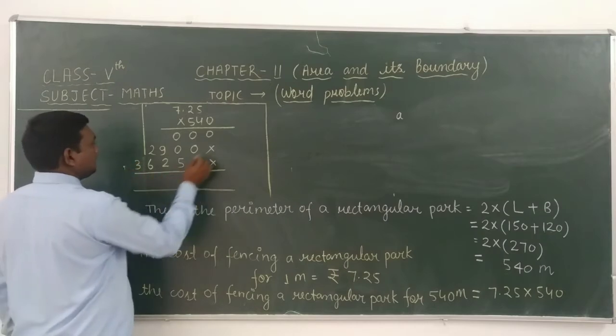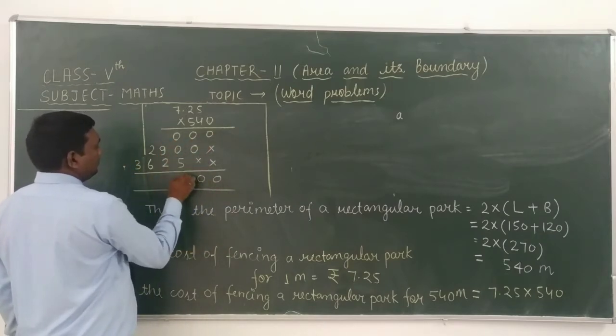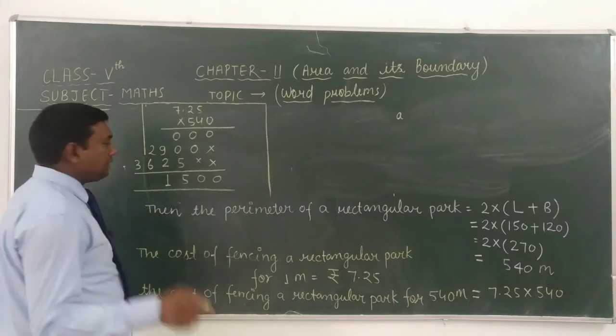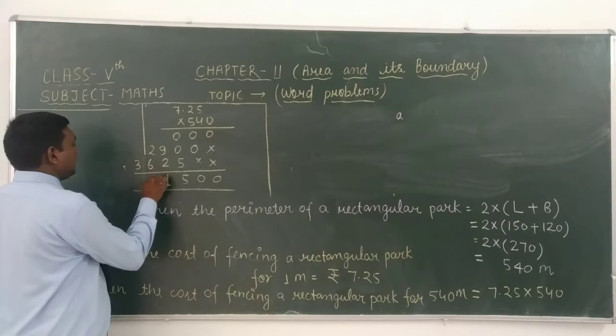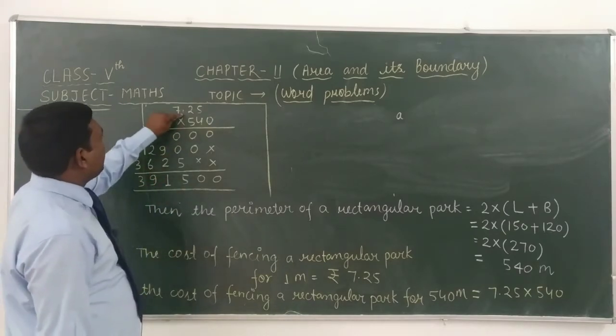After adding these, we get 0, 0, 5, 9 plus 2 is 11, write 1 carry 1, 6 plus 2 is 8 plus 1 is 9, and here we write 3.